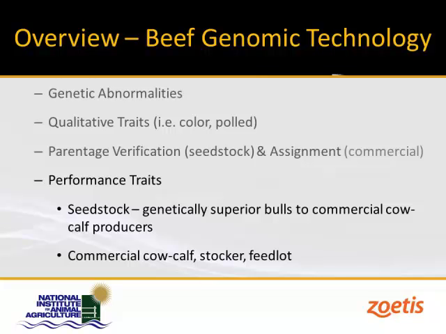I'm not going to talk about that so much, but rather focus on how we're now using DNA technology for the performance traits, primarily right now at the seed stock level as it relates to bulls that are being sold to commercial producers. But then also give you a glimpse at how downstream from seed stock we're starting to see genomic technologies applied to commercial cattle production.